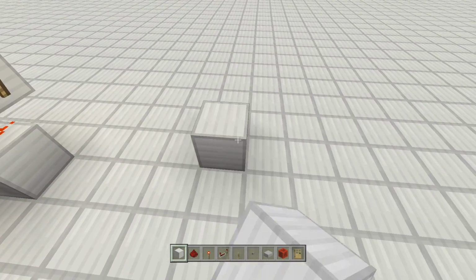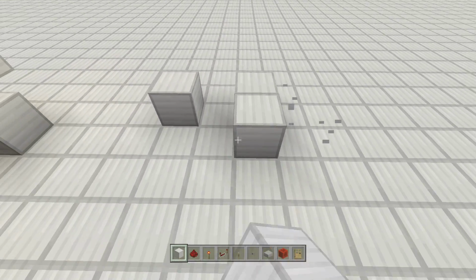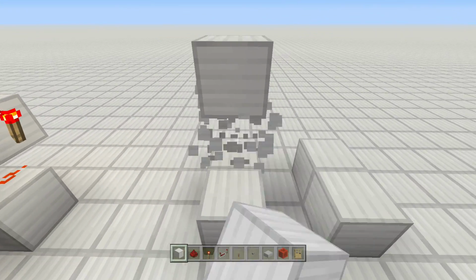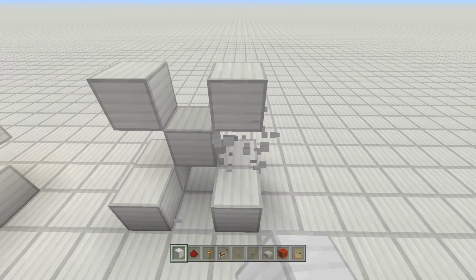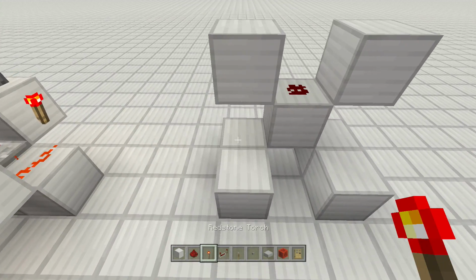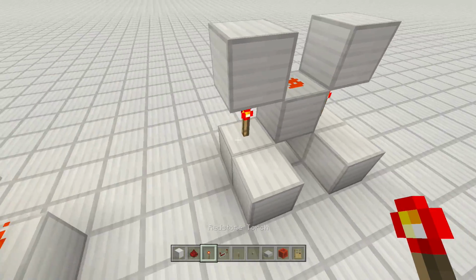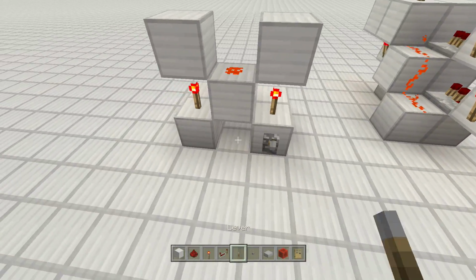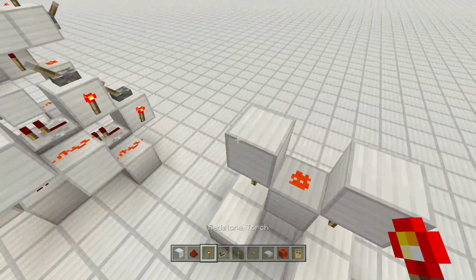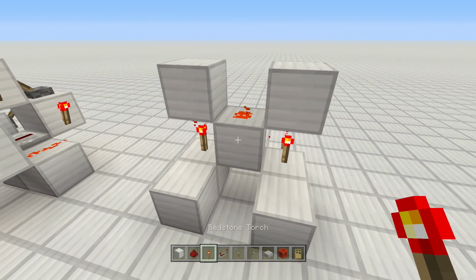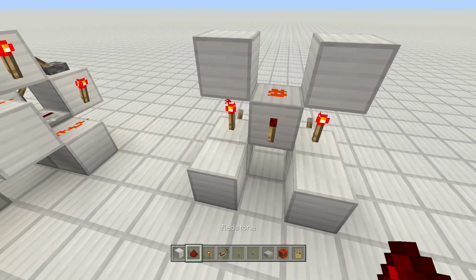Third design that I'm going to show you guys is a very old design. I'm not sure who came up with this, but whoever came up with this was very good at making things compact. So your 2 inputs right here, you invert them, and this redstone is your AND gate, and this torch is your output.